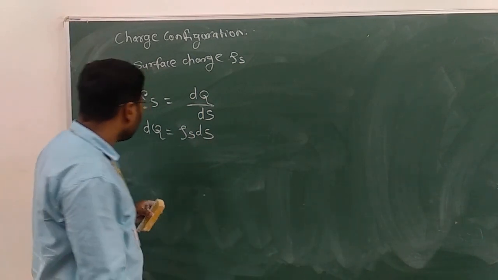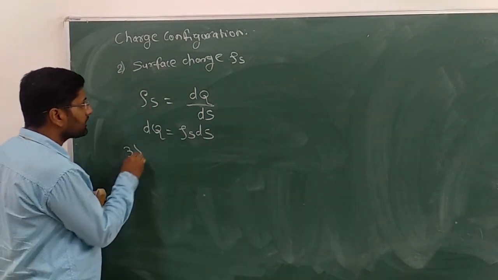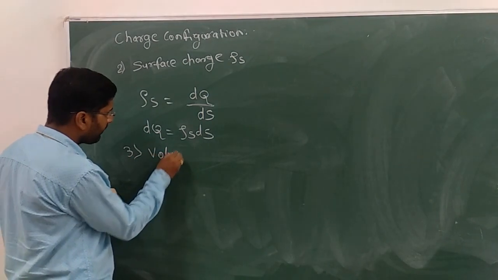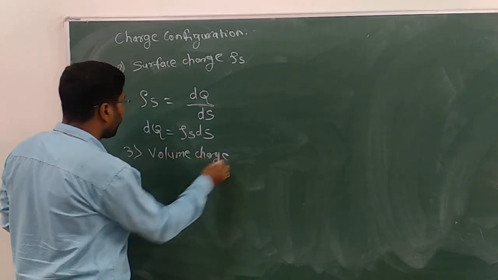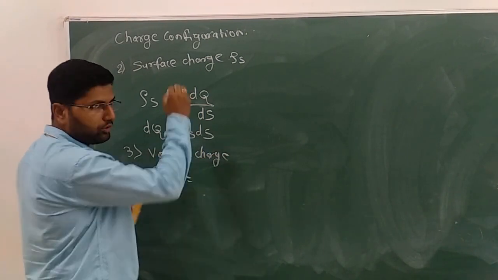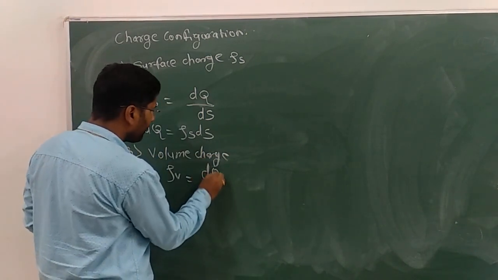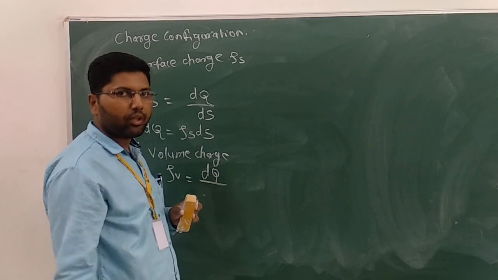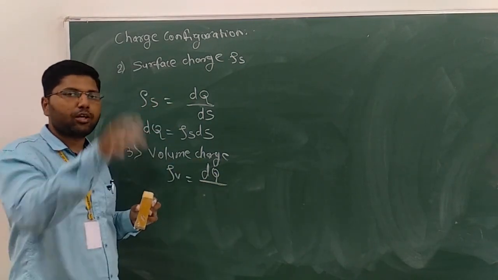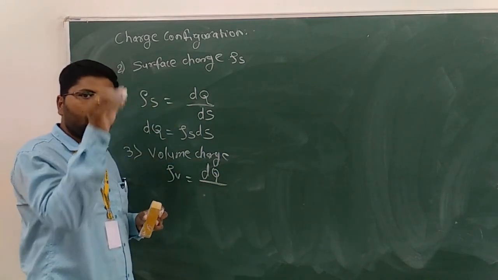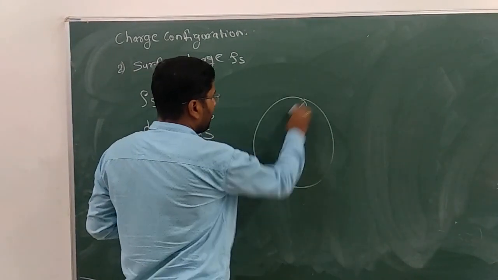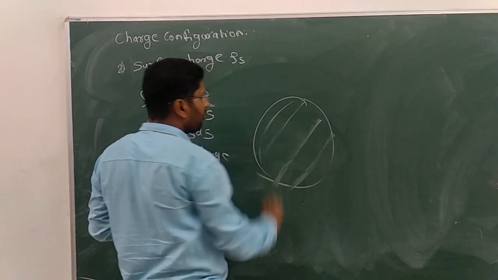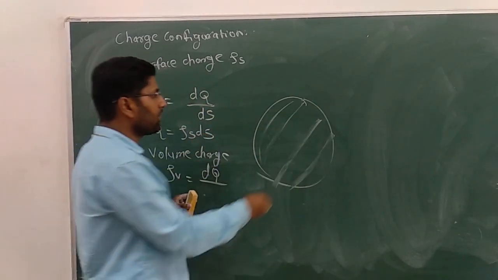Now third, that is volume charge. Volume charge is given by rho v. So for the total charge dq, suppose we take a spherical system. Don't consider it as a circle, you have to consider it as a sphere.